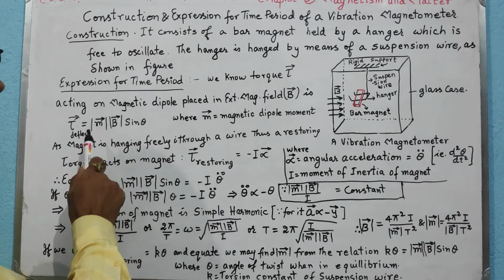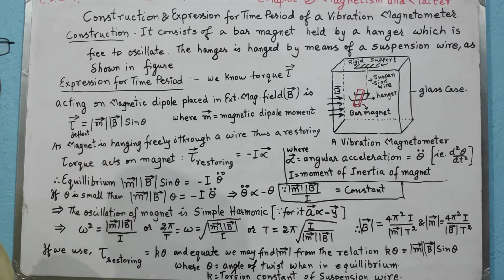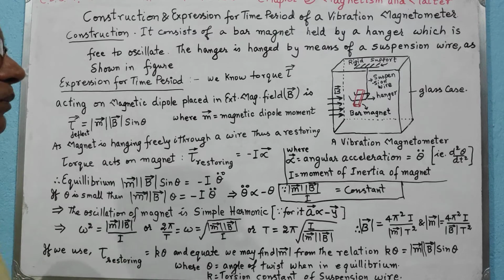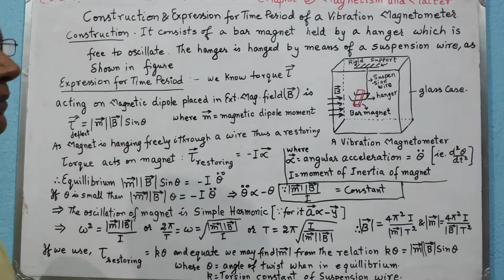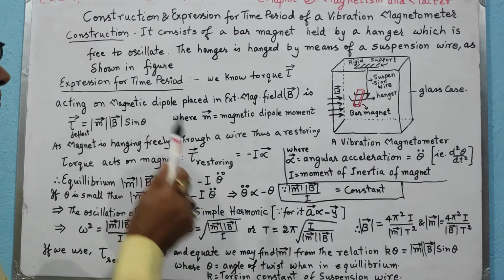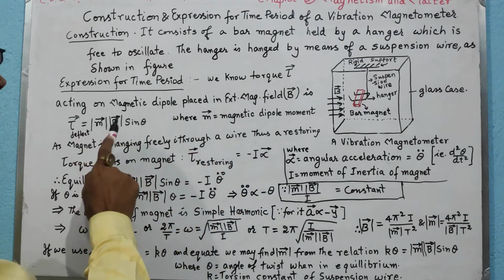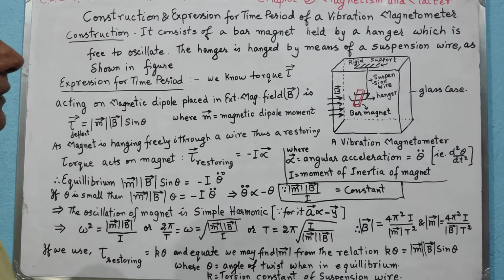The deflecting torque is equal to m cross B, which when expanded becomes magnitude of m, that is the magnetic dipole moment of the magnet, times magnitude of B, the external magnetic field, times sine theta, where theta is the angle between the magnetic dipole moment and the magnetic field at that particular time.